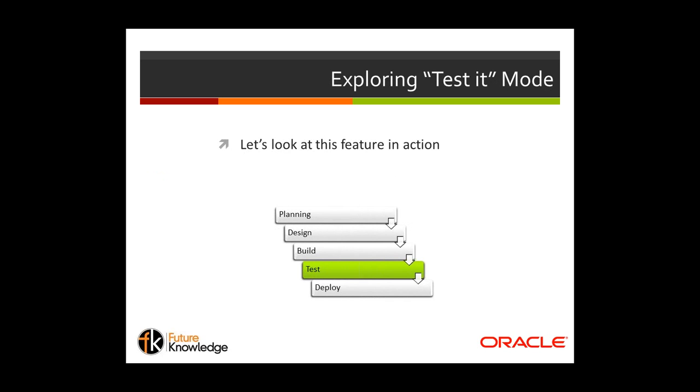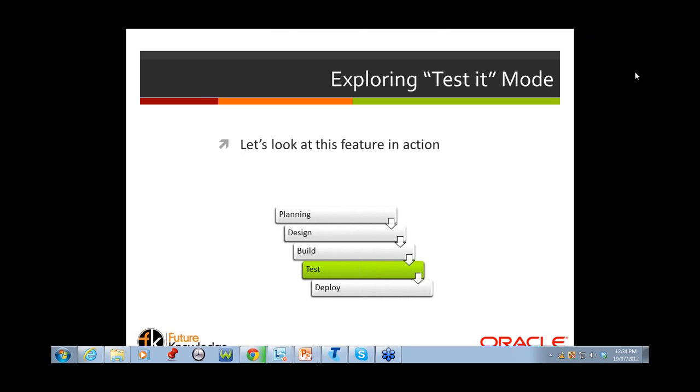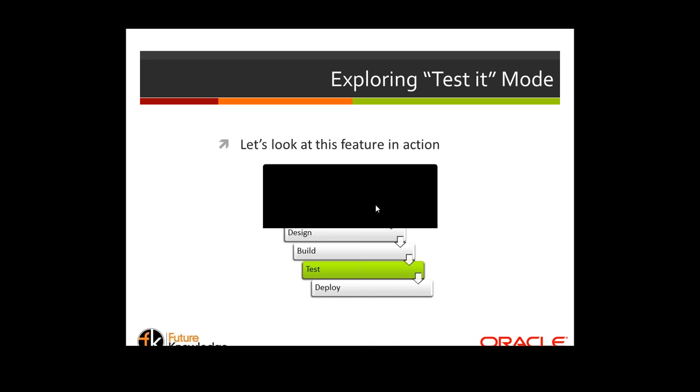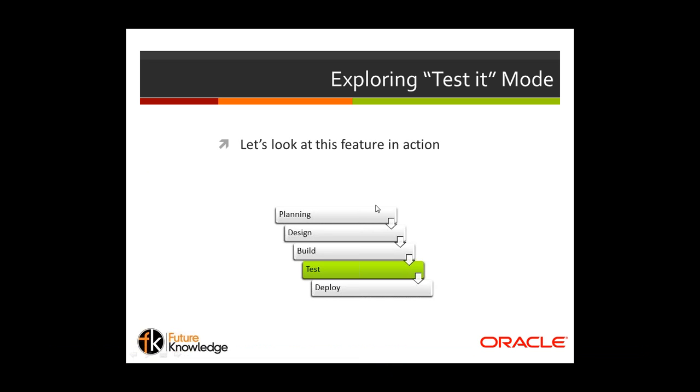But now with this tested mode, we're able to get the actual users to perform the testing in the UPK environment. We can capture that knowledge along the way. So I'm going to hand it back over to James now to take us through that feature very quickly.